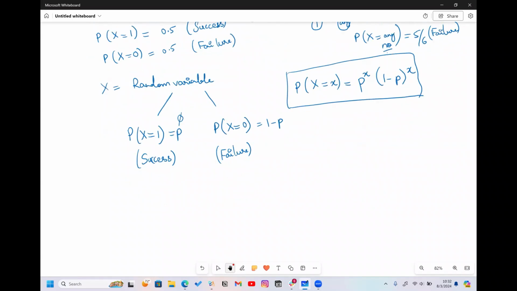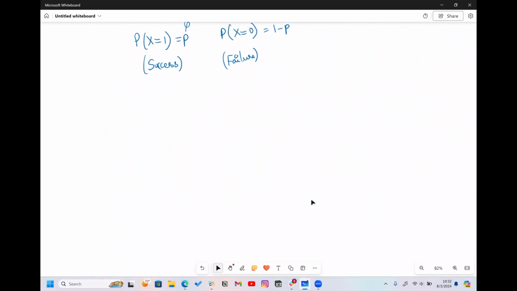And let's try an example. I'll leave this out to you. Suppose we throw a four-sided dice, and we observe whether it lands on 2 or not.